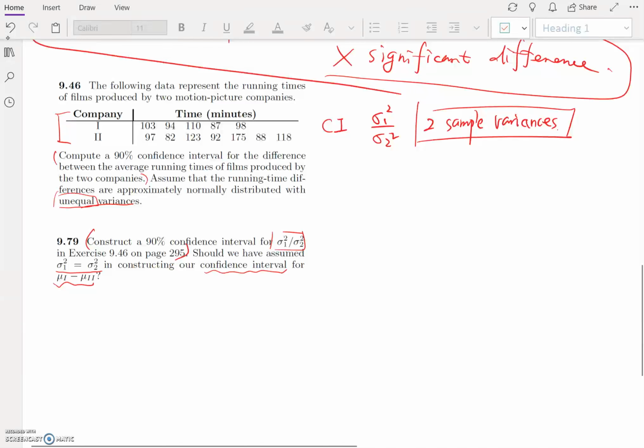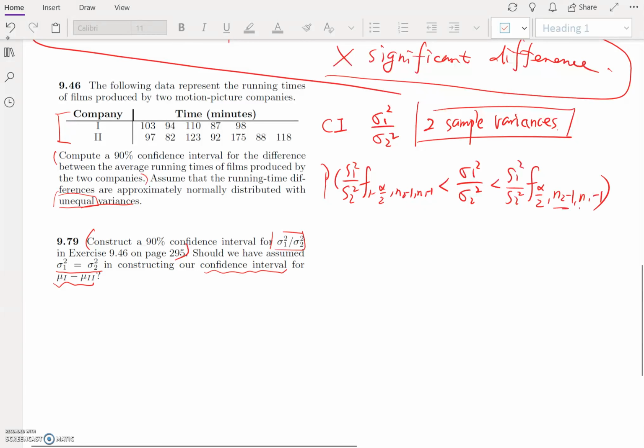So from the lecture we know the formula for this problem is like: probability that S1 squared divided by S2 squared times the F distribution 1 minus alpha over 2 with n2 minus 1 and n1 minus 1 is less than sigma 1 squared divided by sigma 2 squared, which is less than S1 squared over S2 squared times the F distribution alpha over 2 with n2 minus 1, then n1 minus 1.